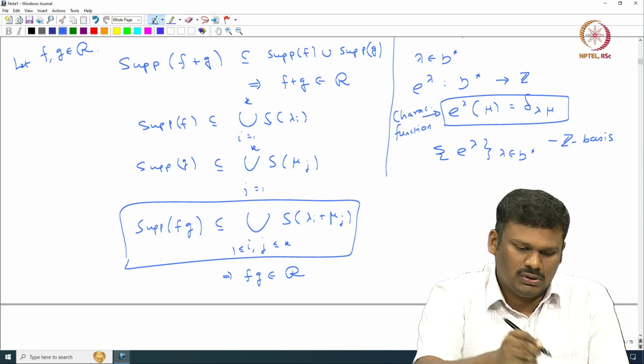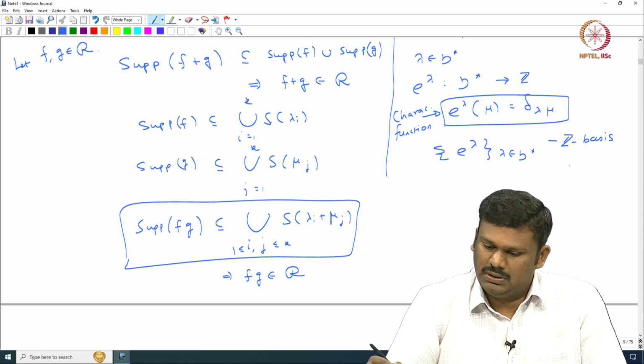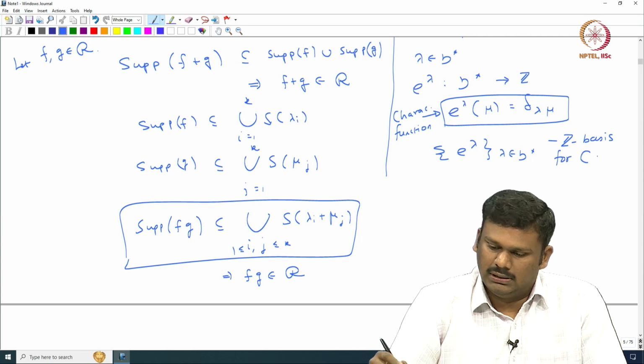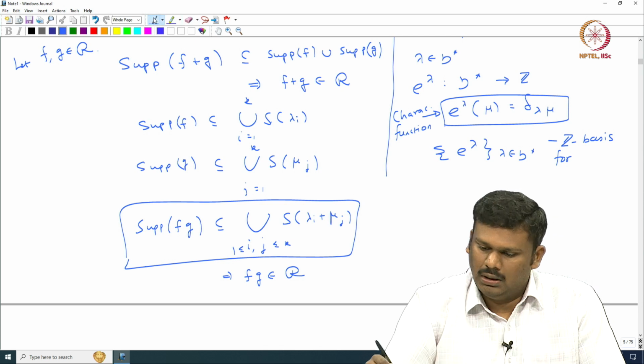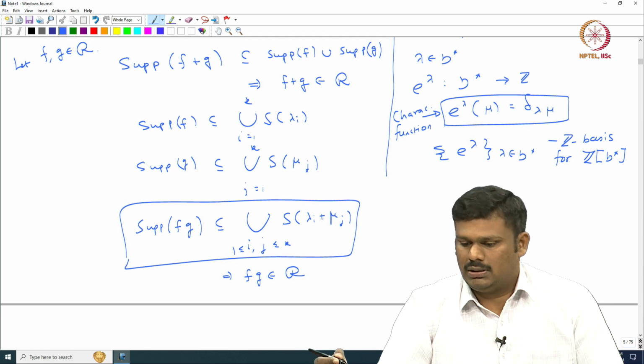So, this is a z basis for the group ring, the group algebra over z H star.